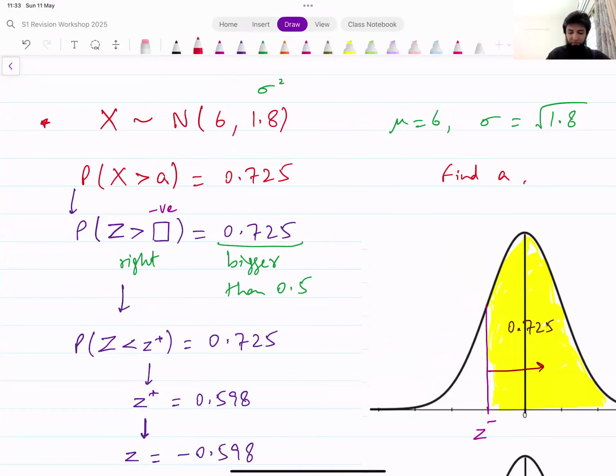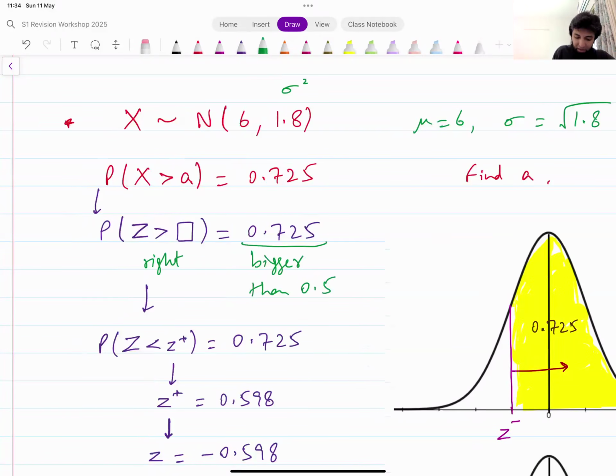Again, what's the process? First of all, we write this probability in terms of z. X greater than a, let's say that corresponds to z greater than some value. That probability is 0.725. And again, we think of it like this: the area towards the right of this z value, is that smaller or bigger?